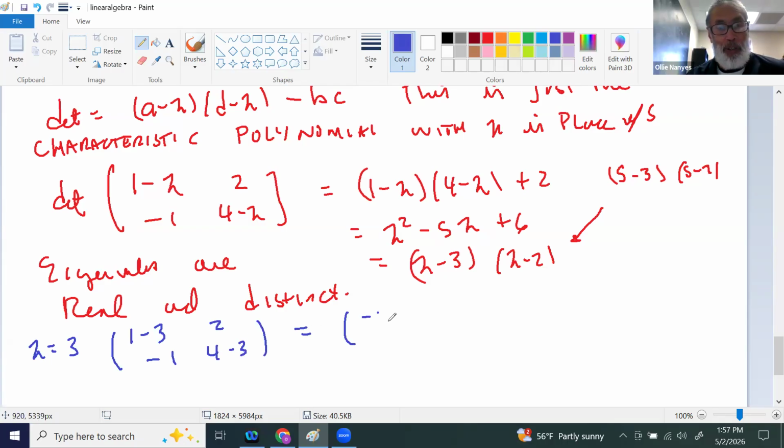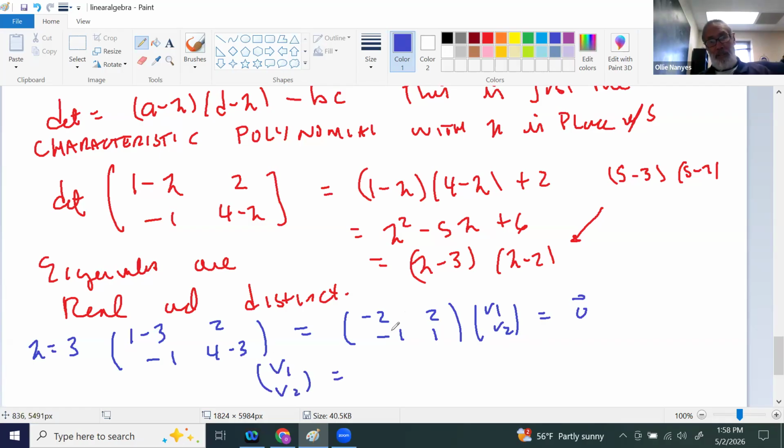That's going to be minus 2, 2, minus 1, and 1. And we want a vector, v1, v2, that if we multiply it by this, we get the 0 vector. You can do a little bit of algebra here, but basically it's just 1, 1.